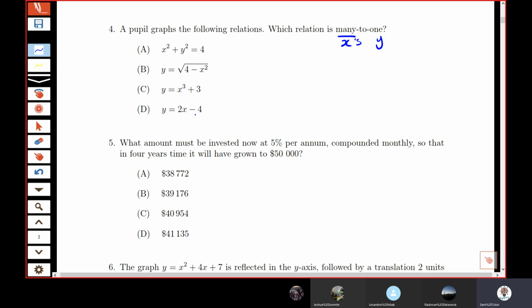D is what? A straight line. That's 1 to 1. Why is that 1 to 1? There's 1 x for 1 y. This one is a cubic, also 1 to 1. Correct? This is a circle. Circle is many to many.